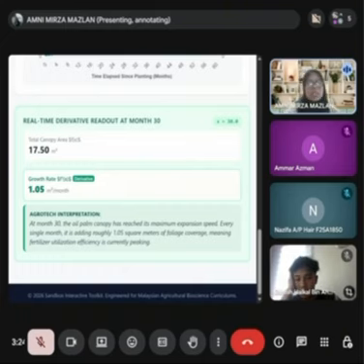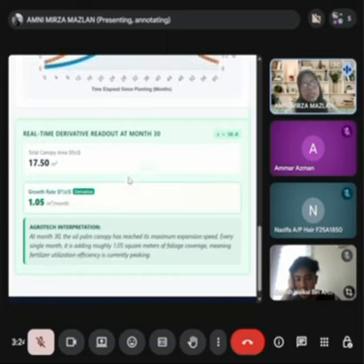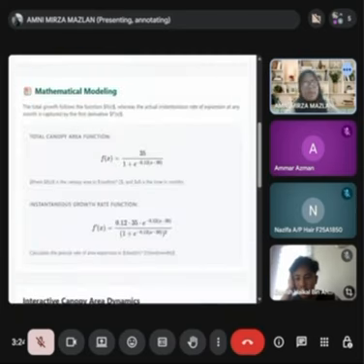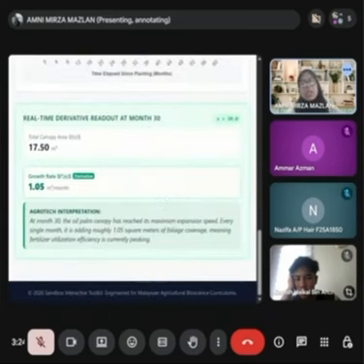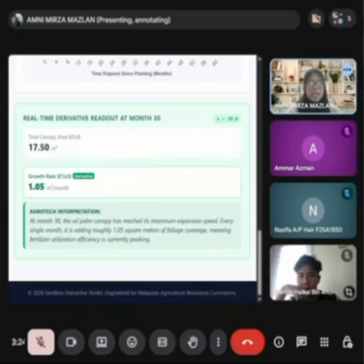The calculation shows F(30) is 17.5 square meters and F'(30) is 1.05 per month. This means the oil palm canopy is increasing by 1.05 square meters every month during this stage. This is the fast growth stage of the oil palm.